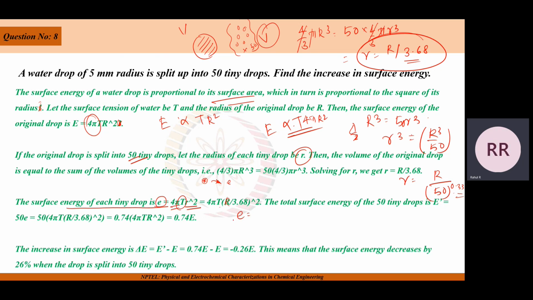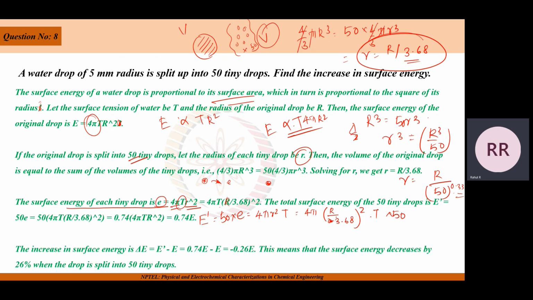Small letter E, the surface energy of a smaller water drop, is given by 4 pi small r square with T, and we have calculated small r to be R by 3.68, whole square, into T. There are 50 such drops, so the total surface energy E prime is 50 times E.